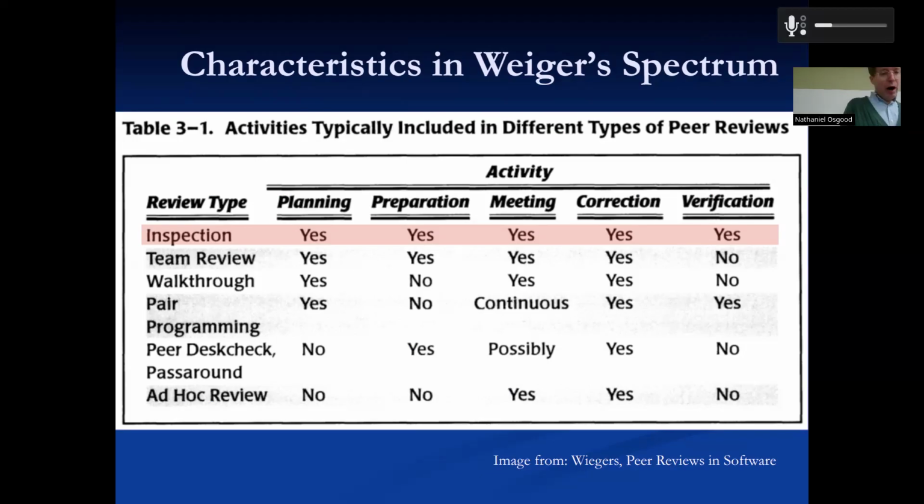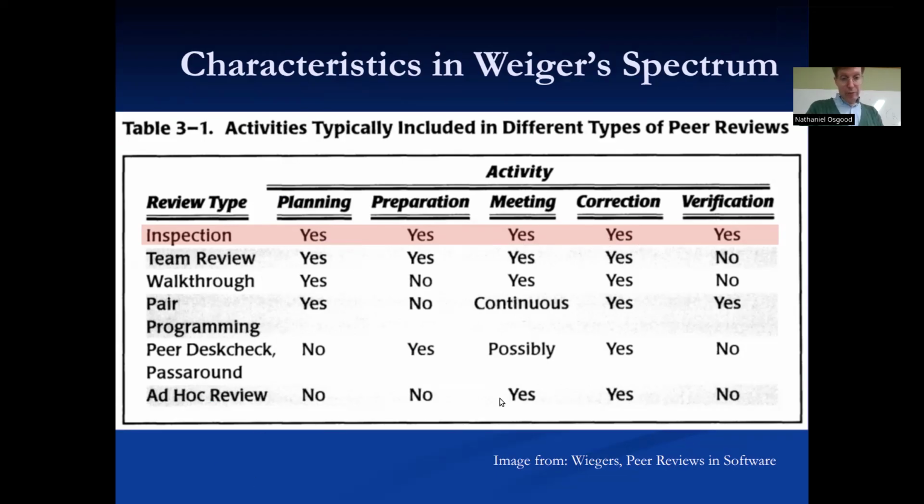Now, I'm a little bit flexible with this. The truth is, I rarely follow up with whether it was verified after the fact. But I do want to know a meeting took place. It involved some planning for what would be reviewed. There was preparation, some notice ahead of time that this is being reviewed, and things got corrected, not in the meeting, but subsequently.